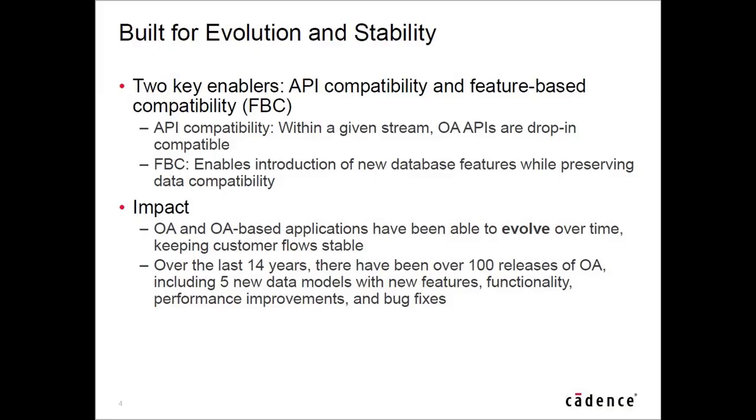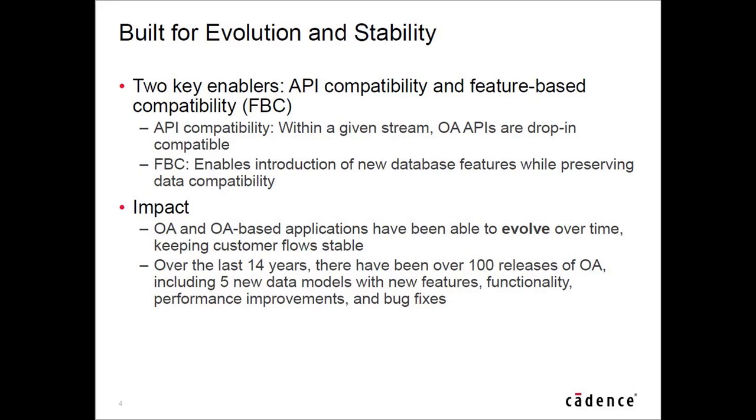If you drop in a new version of the OA shared libraries, your applications will generally continue to run. The other feature is feature-based compatibility, and that means that when we add a new kind of piece of data, and we'll talk about an example later on in the presentation, we tag the databases as having that new feature so that open access itself can provide a clean indication to an application that this database has data in it that you don't understand, so you can't open it.